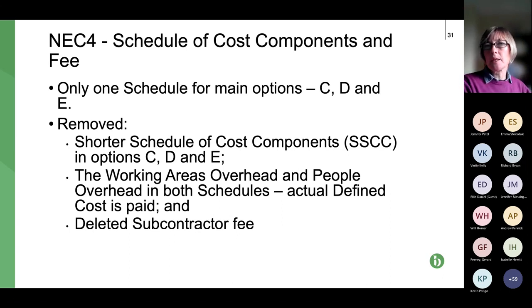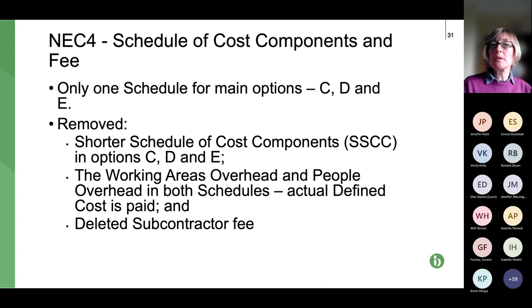The shorter schedule in particular applied a percentage to cover the electricity, the fuel supplied, etc. And that's been removed. I don't think it's particularly helpful, because it now means contractors and subcontractors have got to provide evidence of actual cost for all these little bits and pieces. But that's where we are.